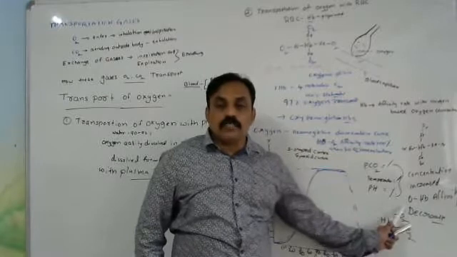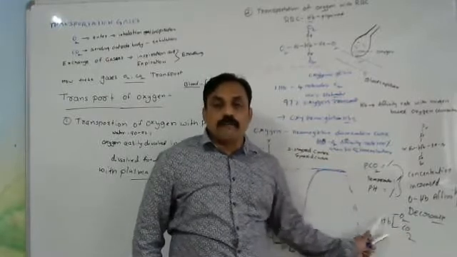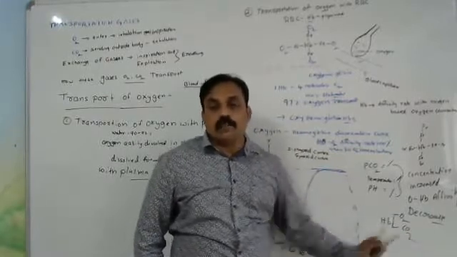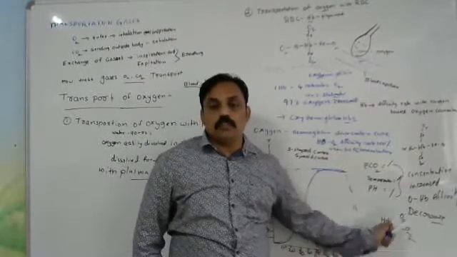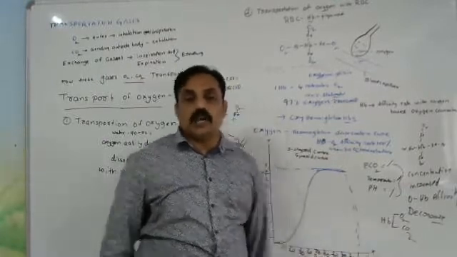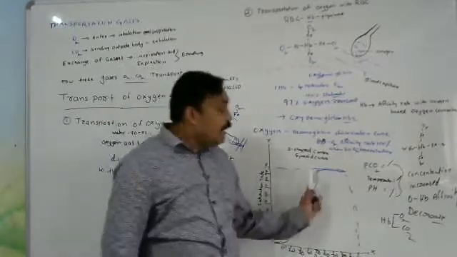If the oxygen is more, it is binding with oxygen. If the carbon dioxide is more, it is binding with carbon dioxide. So more affinity is shown based on their concentrations of oxygen and carbon dioxide. So what happened in blood?